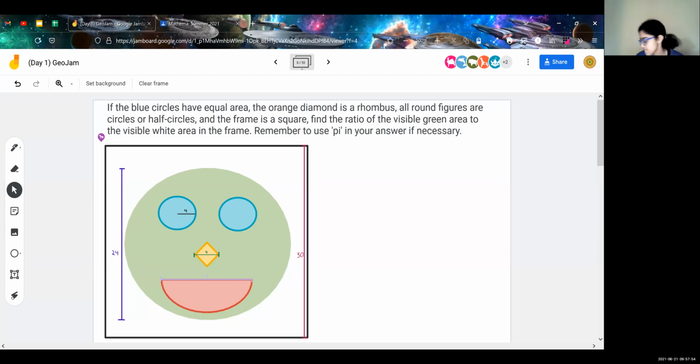When we're trying to find out how much of the square is visible, can we convert pi to a number? Basically you are not supposed to use 3.14 for this because it's asking for the exact answer.